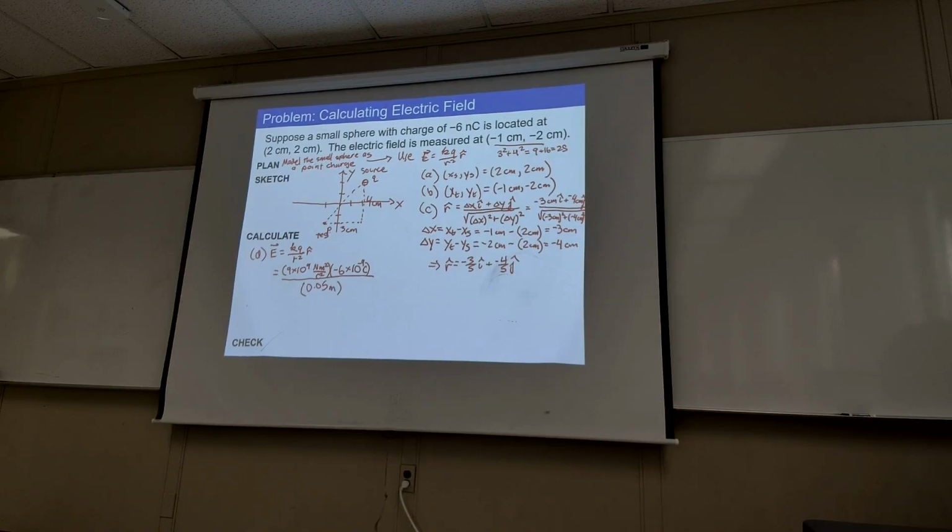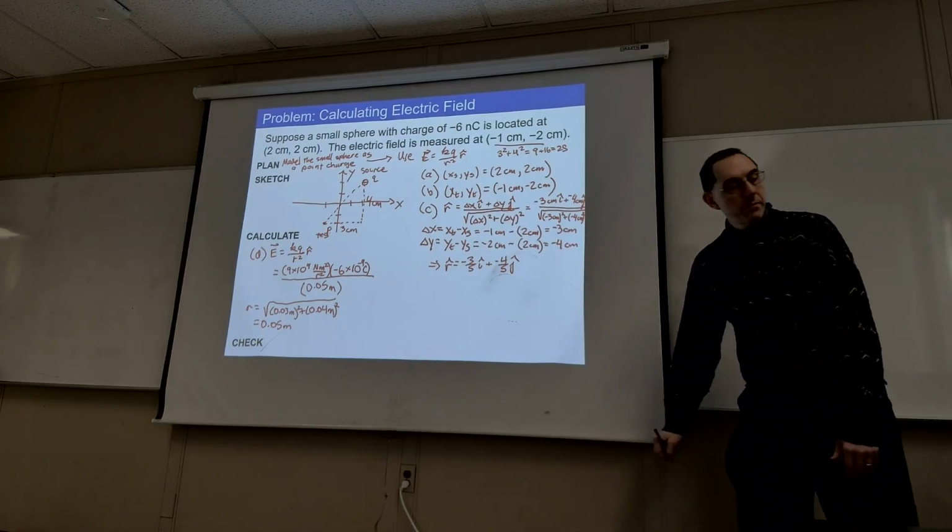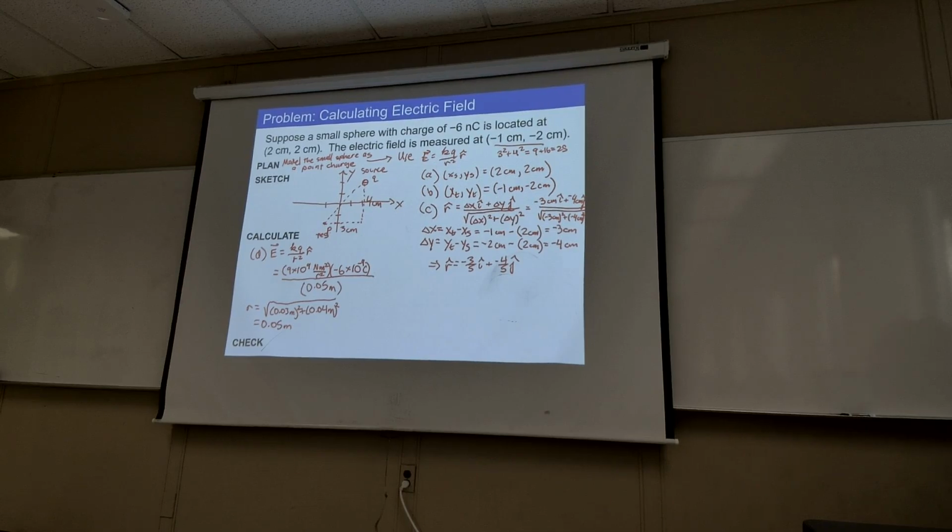If you want to write that out, you can write down 0.03 meters squared plus 0.04 meters squared. Work it out, you'll get 0.05 meters. But we do need to square that, so let's put the square in the denominator like this. All right, and then we need to multiply that times our r hat.